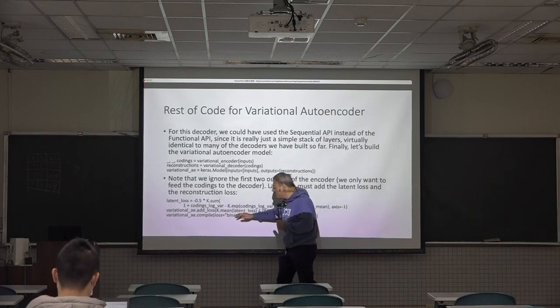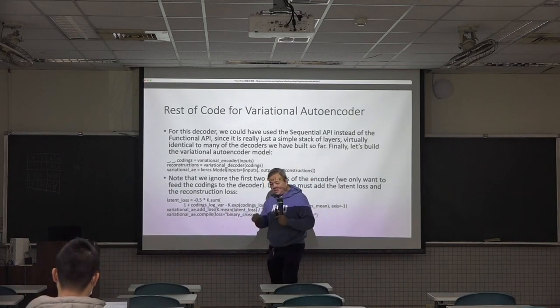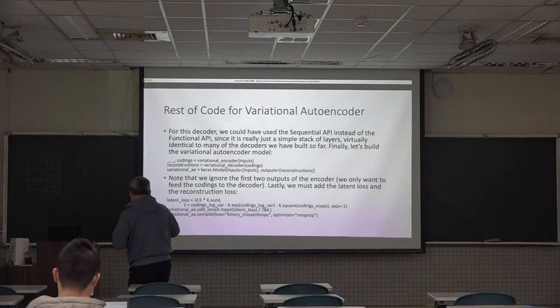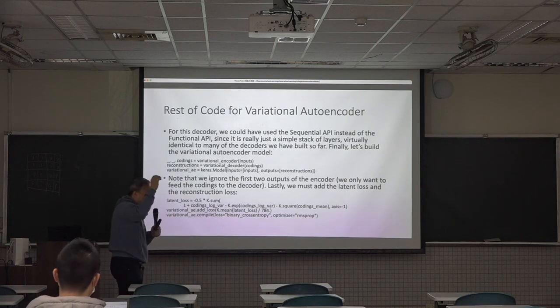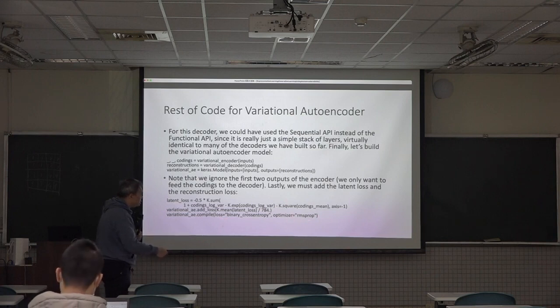The reason is so that this latent loss is averaged and put on each neuron. So we add this to the loss, and the loss is binary cross entropy, and we use RMSprop.